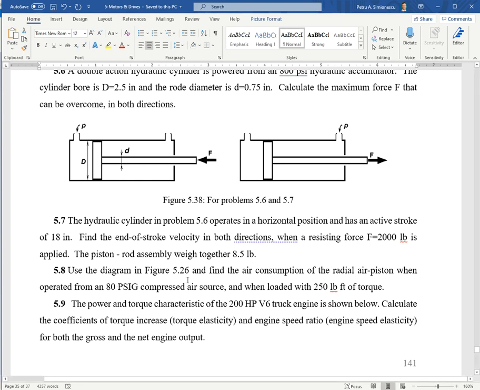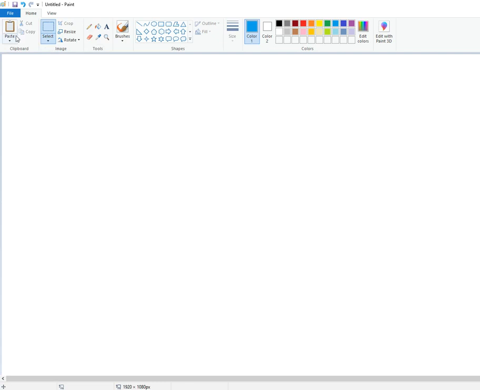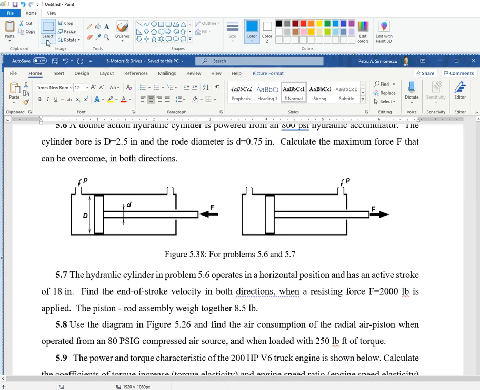And then there's one last problem. It asks what's the air consumption. So let's take the screen first. Print screen, go to Paint, select all, paste, and select again.